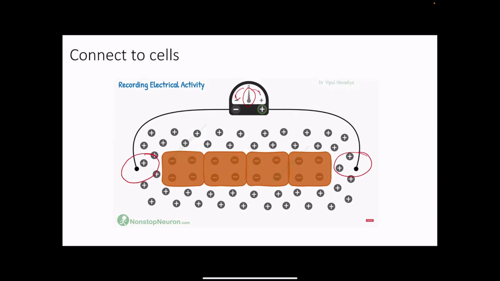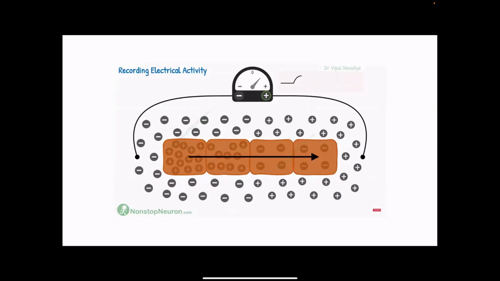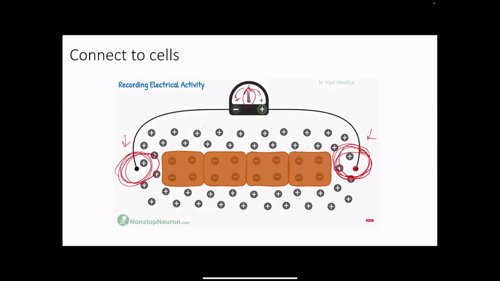So here it's positive and here it's positive, so it's not going to move. It's still, because the difference in charges between this area and this area is the same, positive, positive. It's only going to deflect if there's a difference between the charges on this side and on this side, okay? So let's take this, for example.